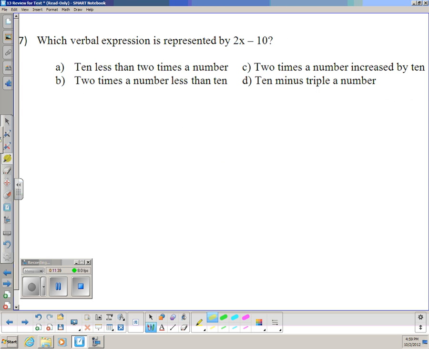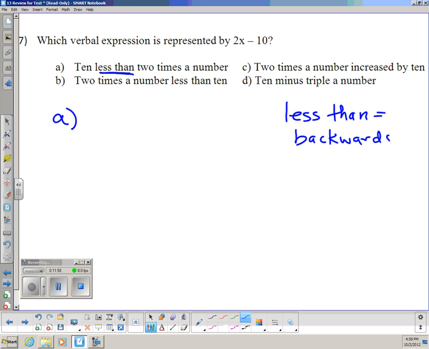Number 7. Which verbal expression is represented by 2x minus 10? And I want to do the same thing. I'm going to translate all 4 of these. A, 10 less than 2 times a number. Less than gets translated backwards from how you read it. So 10 less than 2 times a number.